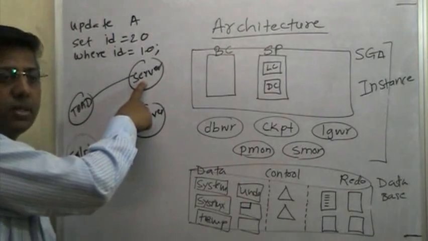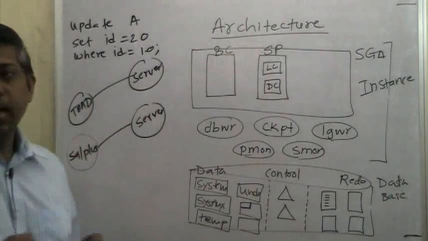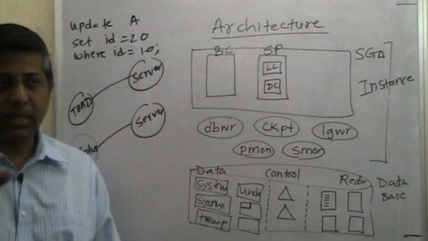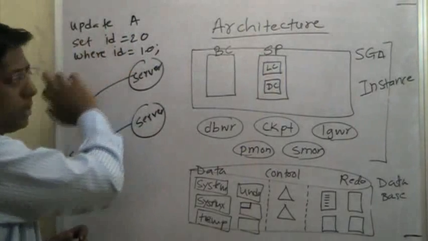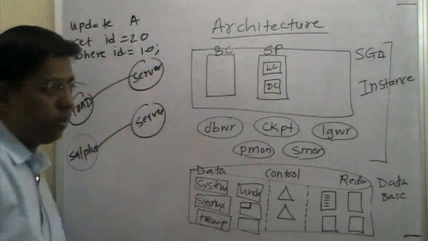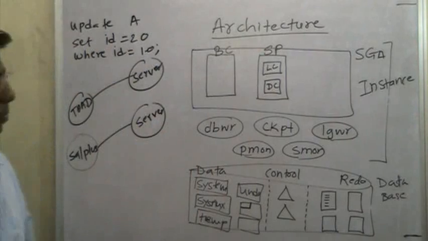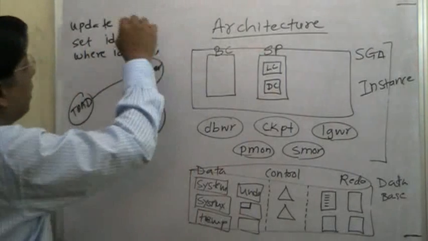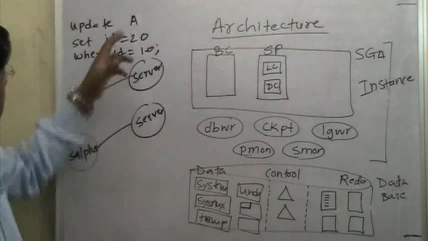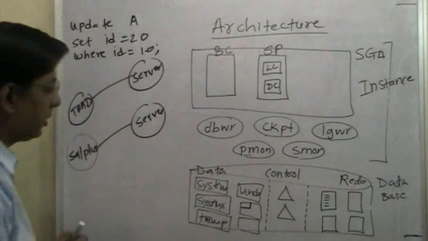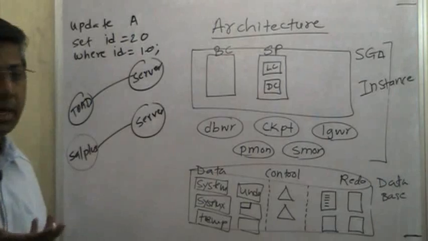The server process is now responsible for doing the parsing. The first step of parsing we saw yesterday was the syntax check. It will check, is this a correct update statement? And yes, it is, so the syntax check will pass. Then the semantic check will happen. It will check, does table A exist inside the database? How does it check that? Where does it check it from?